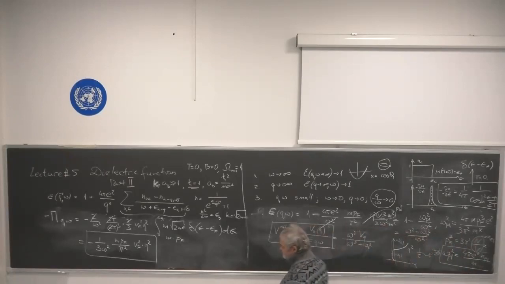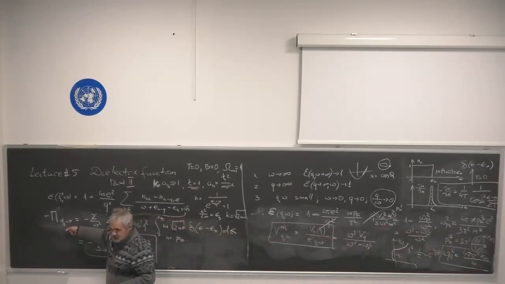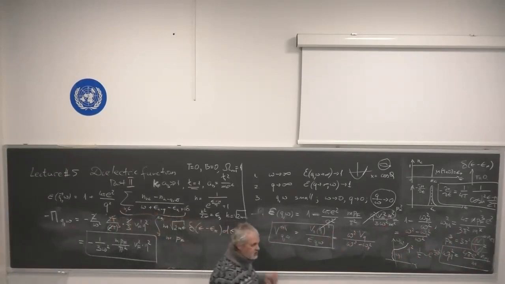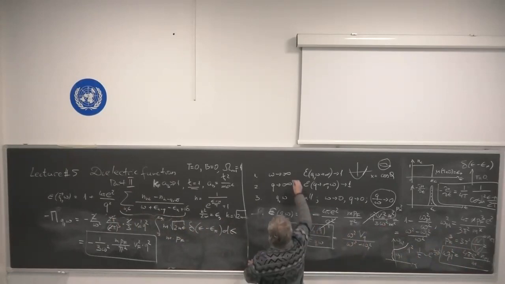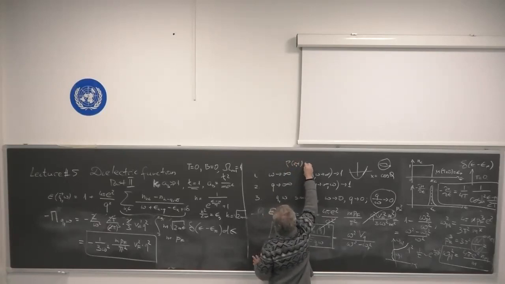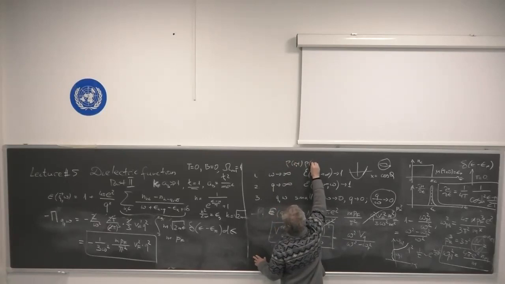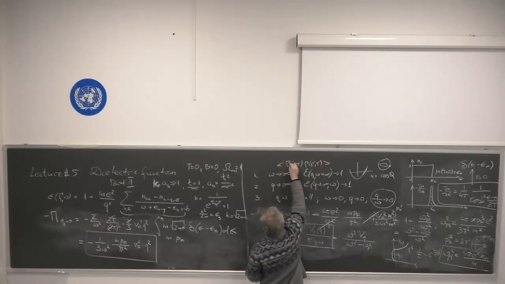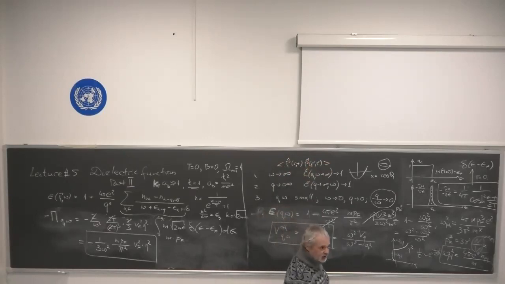So this polarization operator is related to the density correlation function. Namely, you have your density operator at point r, t, your density operator at point r prime, t prime, and you take the average. So this is actually the function which I computed.